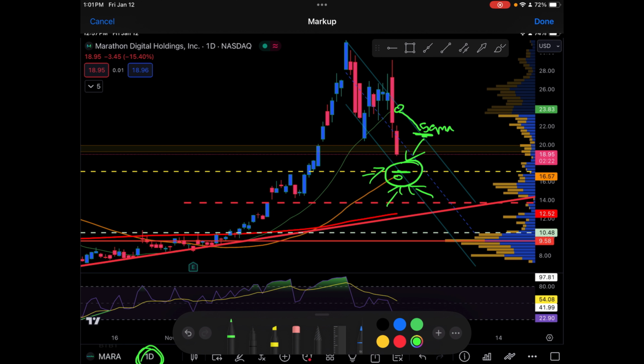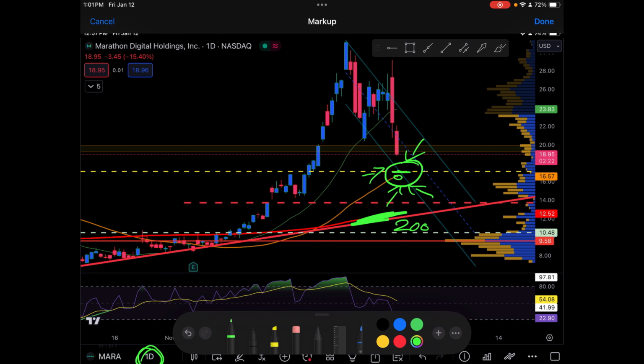Will it come back up to that? Will we see a bounce? Or will it just go right through it, come down to this line here, which is our next support down around 12.50, and collide with the 200 EMA down here?